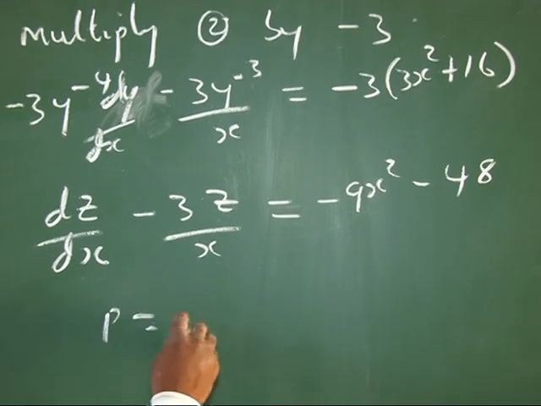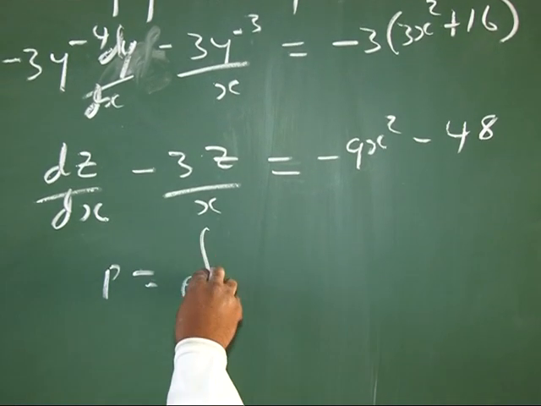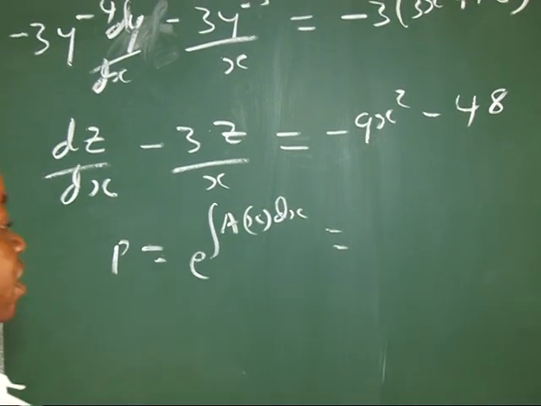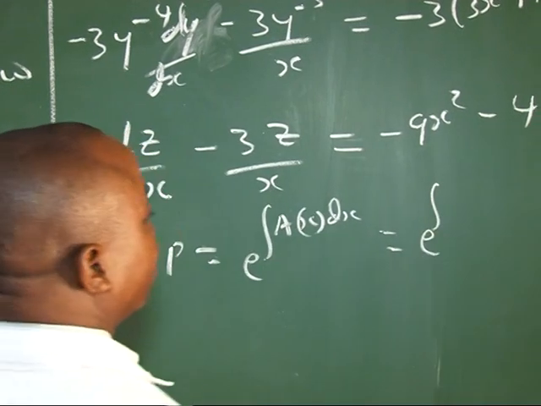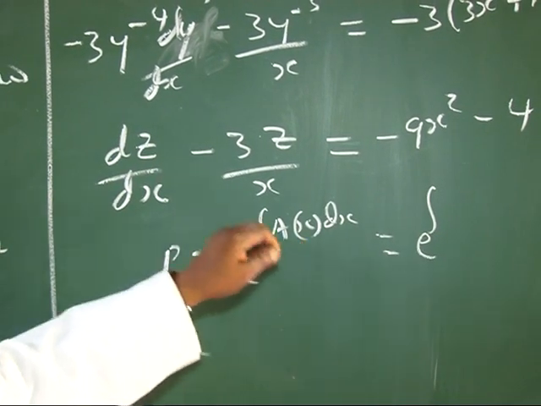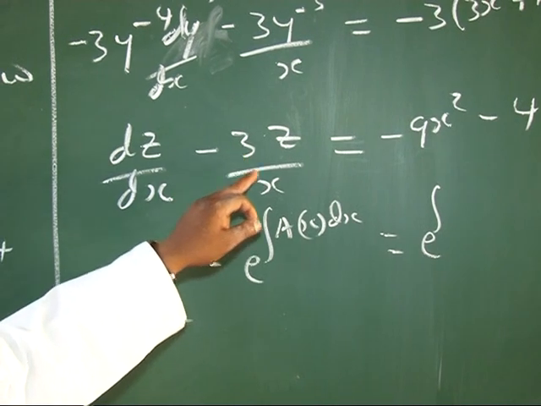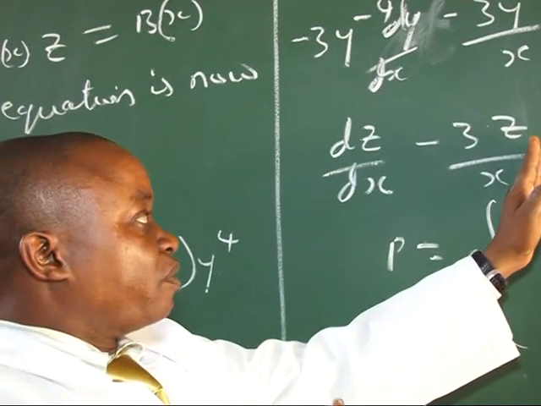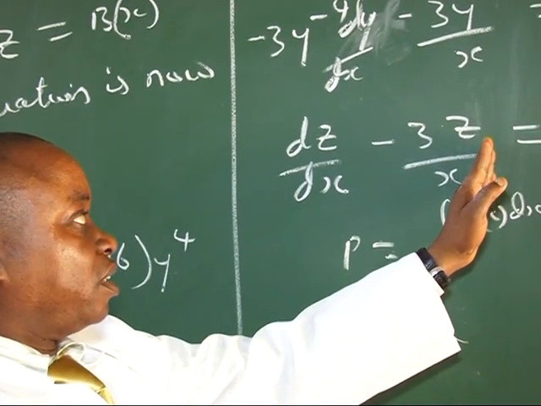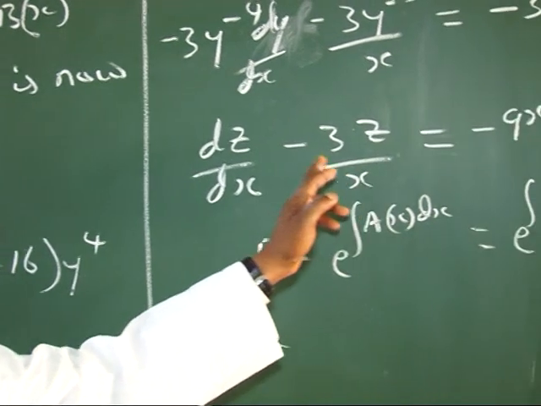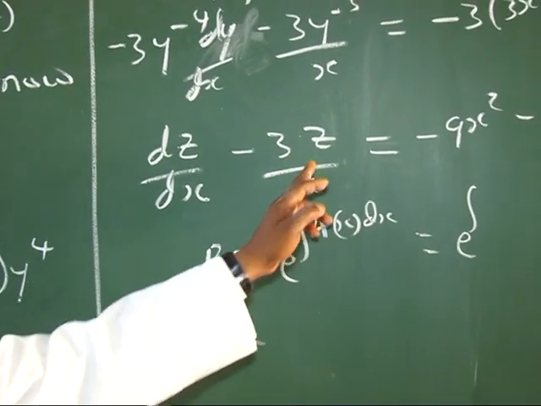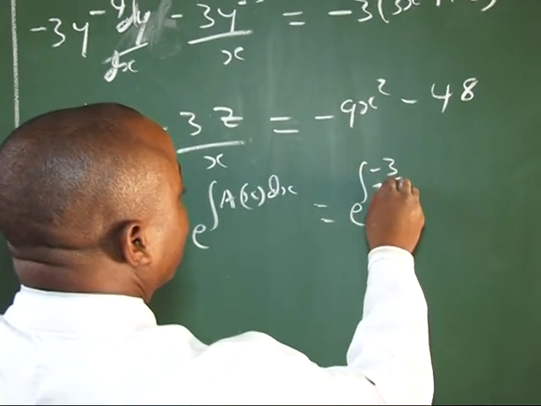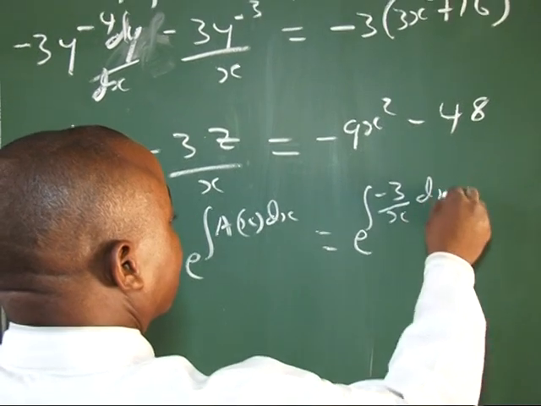The integrating factor P will be equal to exponential of the integral of a(x) dx, like we derived before. a(x) is minus 3 over x, because this z is like y, which we were doing as a function of y before. This one is a function of z now. So we see that minus 3 all over x is the coefficient of z. Okay, so we have the integral of minus 3 all over x dx.